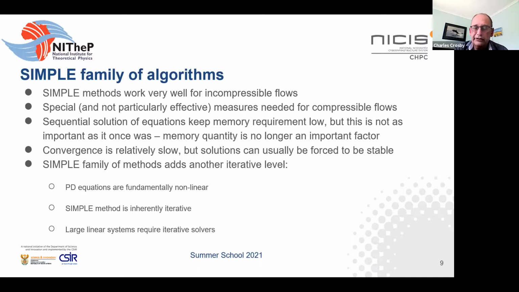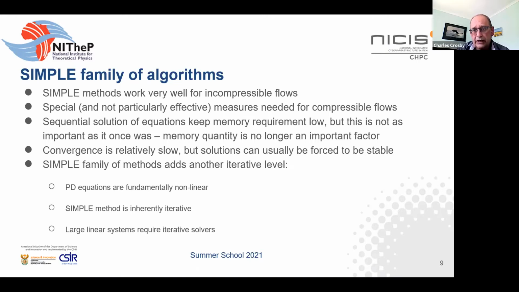One of the advantages of the segregated methods, or the SIMPLE family of methods, is that because you're solving equations sequentially, you're only solving one equation at any given time. So it keeps your peak memory requirement for storing the matrices involved in solving that equation down to a reasonable level. At one stage, this was a very big advantage, but of course, since then, two things have happened.